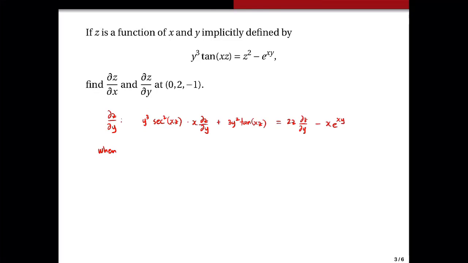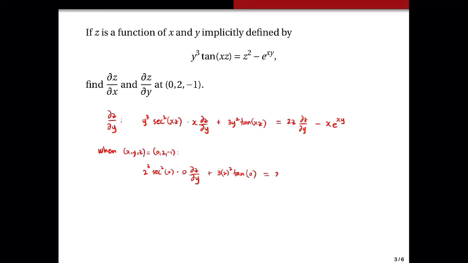So when (x, y, z) equals (0, 2, -1), what do we get? We will have here 2 cubed, then secant squared of 0 times 0 partial z with respect to y, so it will disappear, plus we have here 3 times 2 squared tangent of 0 will also disappear.